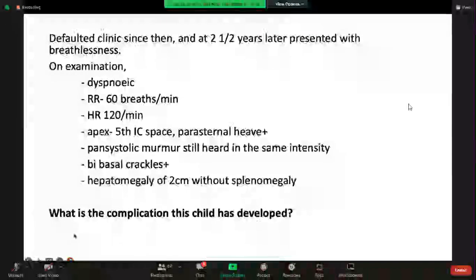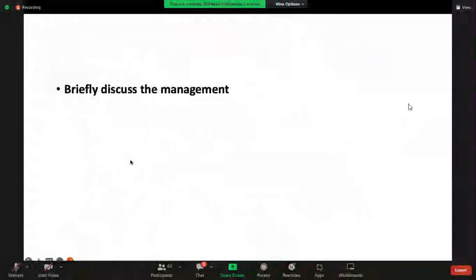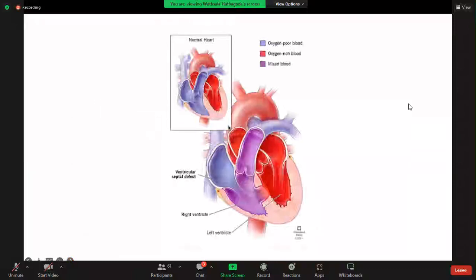Okay, right. So how would you manage? Again, the same principle. So we already discussed the heart failure management. So what I need to highlight first, as you can see, it's a shunt lesion.